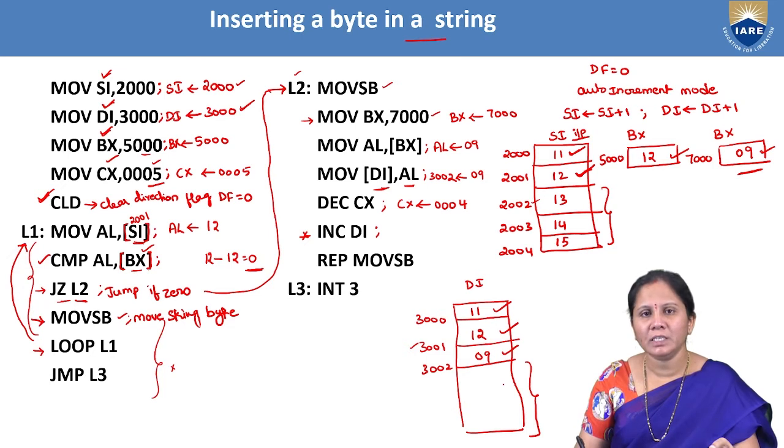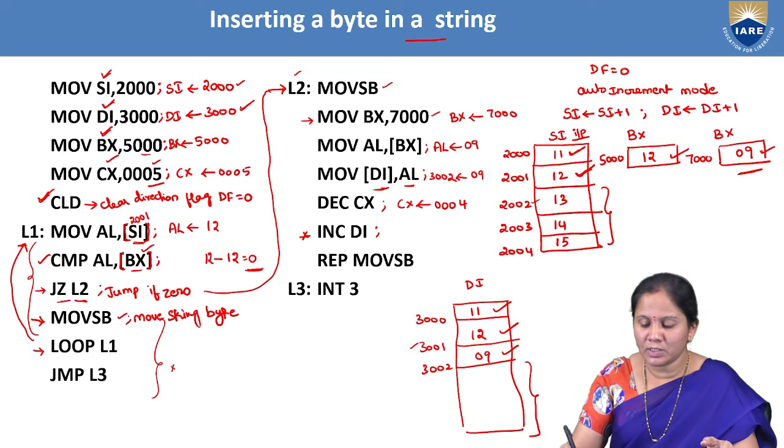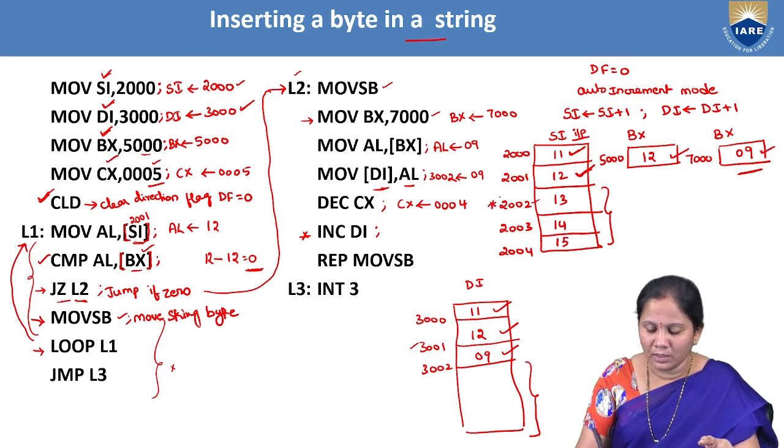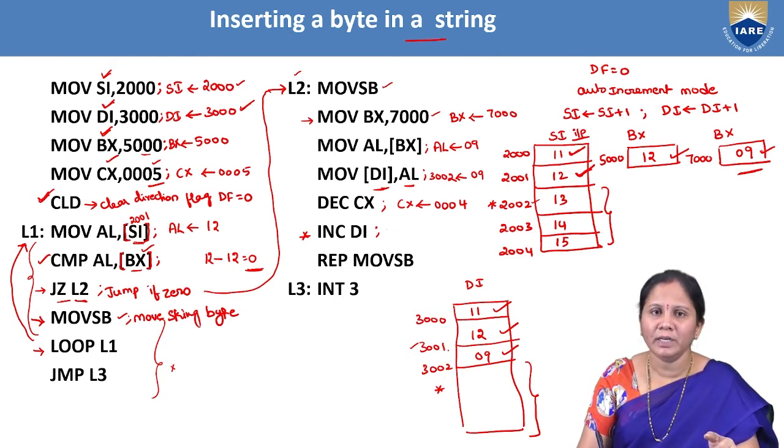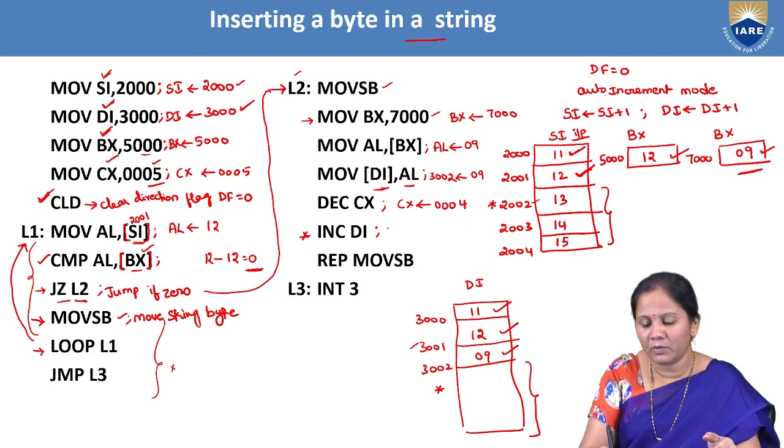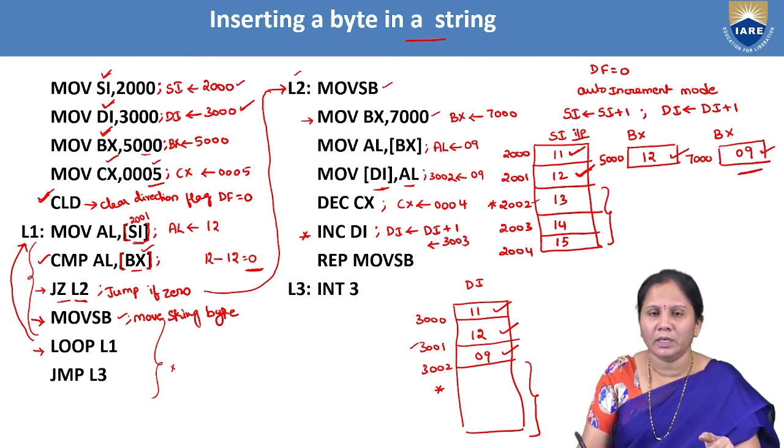If that is the case, it represents that no insertion is done. Since a small mismatch has happened, that mismatch can be overcome by writing one instruction, increment DI. Then the value of DI will be incremented by 1. Previously the value of DI is 3002, it will become 3003.